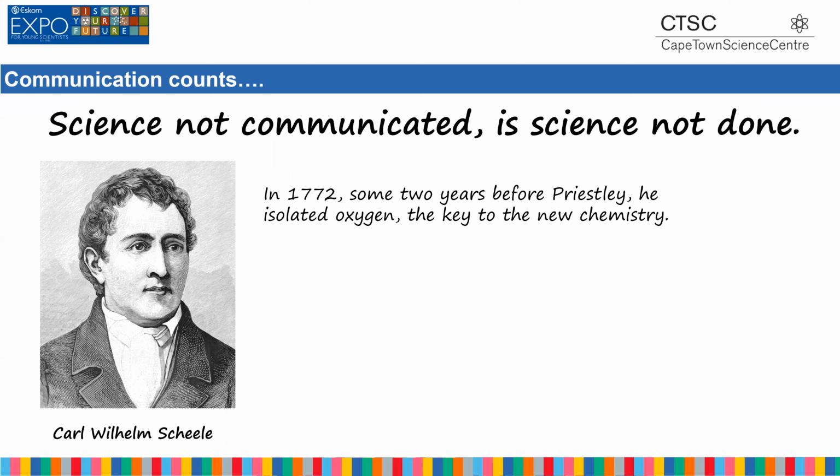Joseph Priestley was credited with the discovery of oxygen, but we've actually determined historically that Carl William Scheele discovered oxygen 2 years before Joseph Priestley. The reason that Joseph Priestley gets the credit is because he published. Carl William Scheele was slow to publish, slow to communicate.